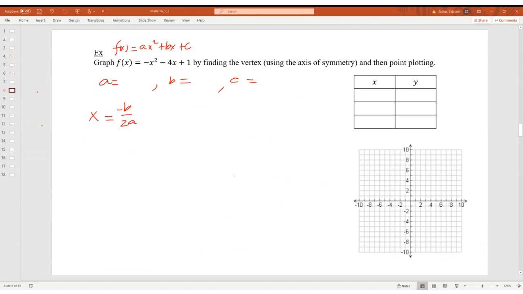Anyone? What is a, what is b? Just compare the two functions. A equals 2. Okay, what is b?